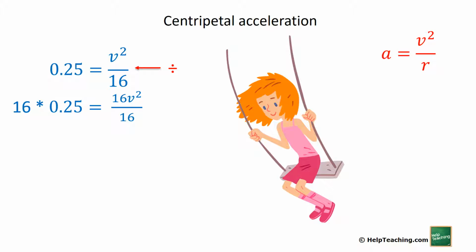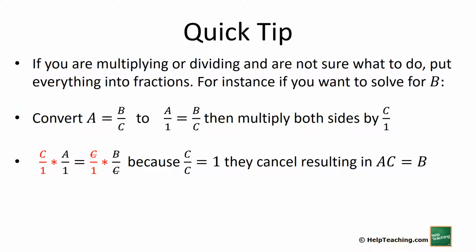Now 16 over 16 is just 1, so they're going to cancel. 16 times 0.25 is 4, so we get 4 is equal to v squared. We need to find v, and the opposite of squaring is square rooting, so we will square root both sides, and we get 2 is equal to v. So our velocity is 2.